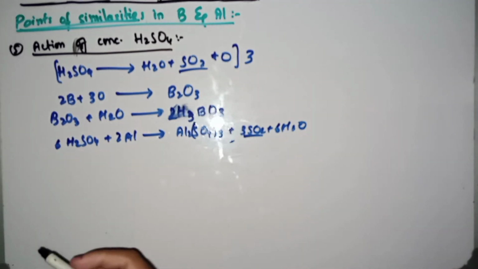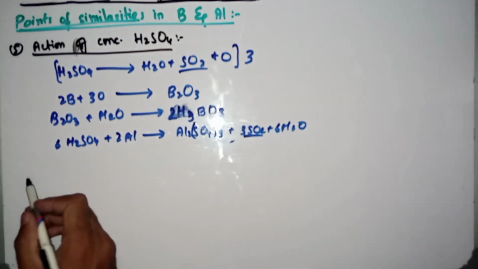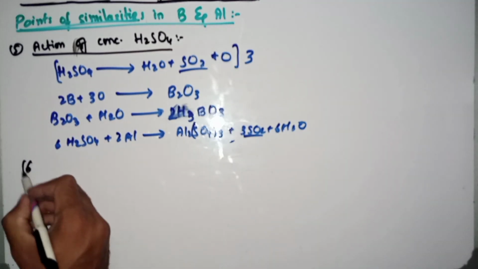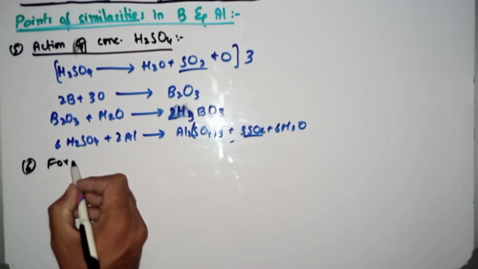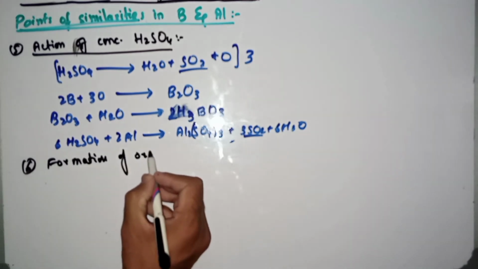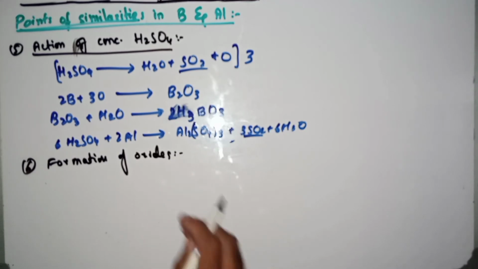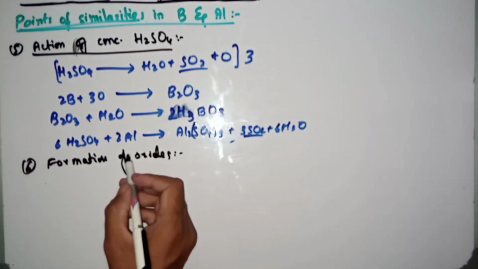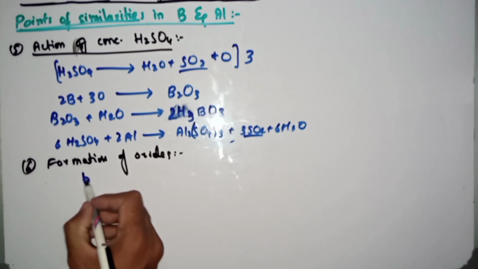Let's proceed to the next point, that is formation of oxides. In both cases, both form oxides of the type M2O3, like B2O3.